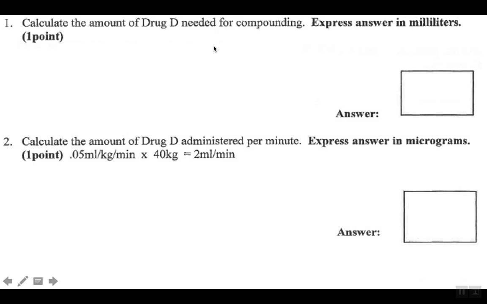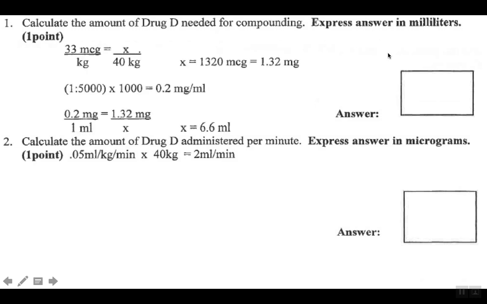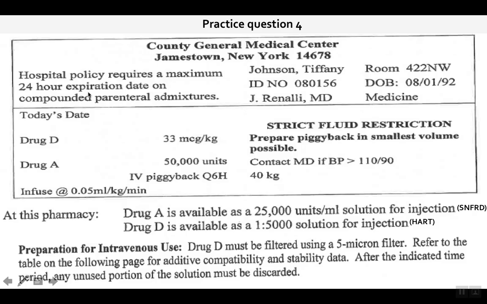Calculate the amount of drug D needed for compounding, all right, and express your answer in milliliters. They wanted the dose to be 33 micrograms per kilogram, right? So in this case, the patient is 40 kilos. You get 1320 micrograms or 1.32 milligrams, okay? The concentration of the vial, okay?